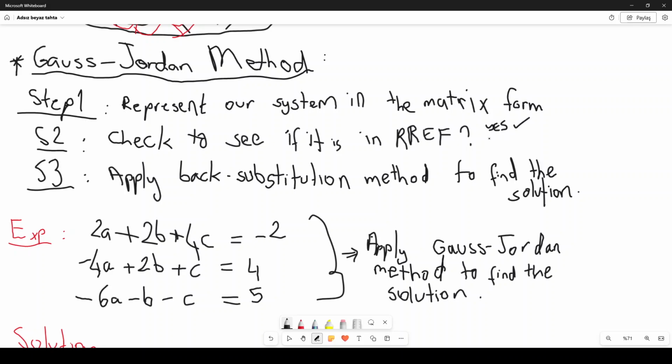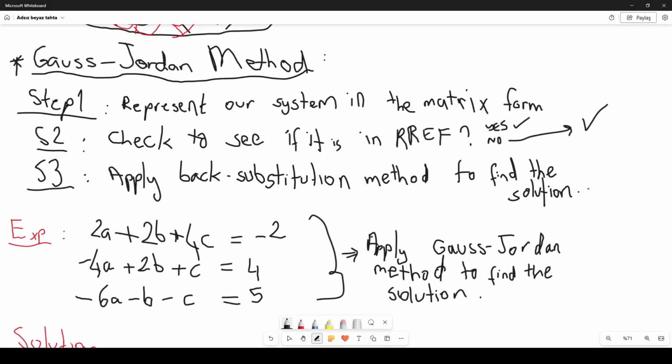But if it is not in reduced row echelon form, and if our answer is no, then what we will try to do is convert this augmented matrix into an equivalent reduced row echelon form.